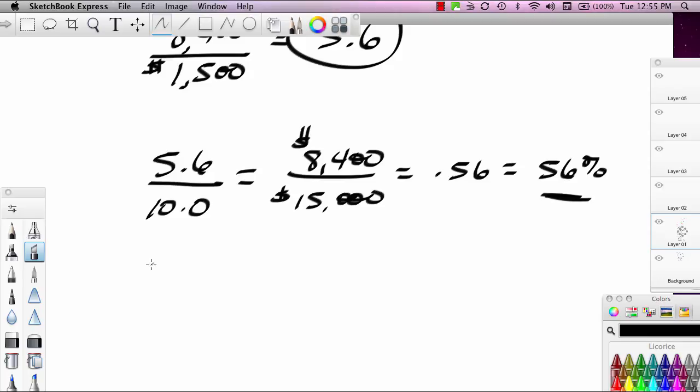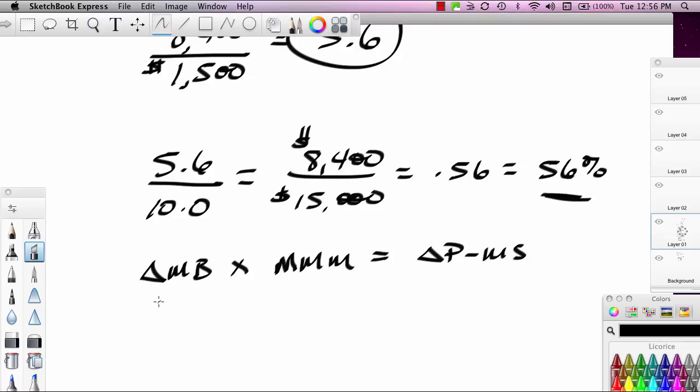If you take the change in the monetary base and you multiply it by the maximum money multiplier, you get the change in the potential money supply. So if $1 is added here, $1 times 10 equals $10 added here.